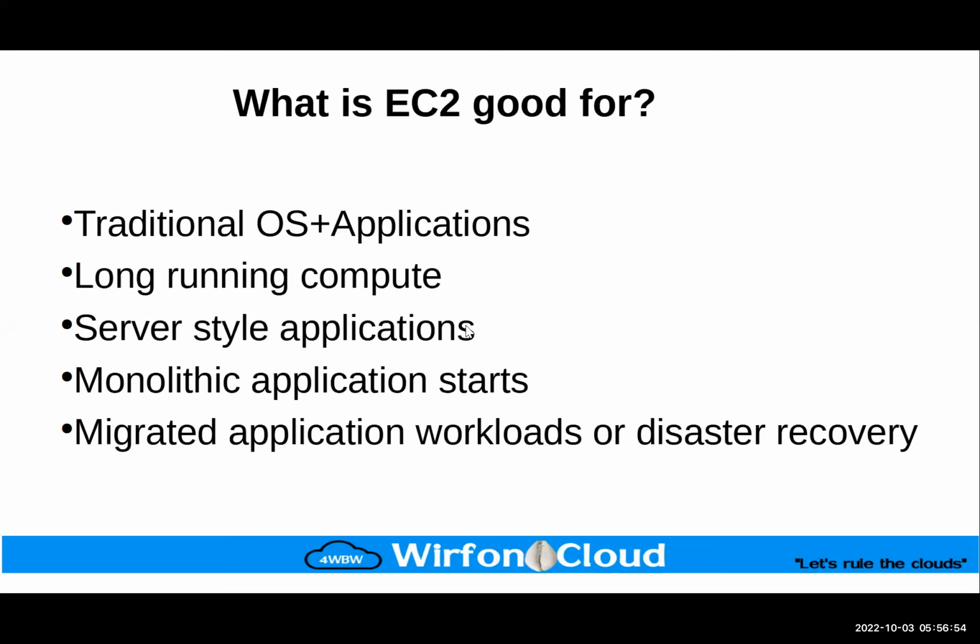If you have an application that has to run for long and needs compute, then you can use EC2. You use it also for server-style applications and for monolithic application stacks. In the course of today, we are going to hear about what a monolithic application is. You can also migrate application workloads, or use it for disaster recovery.